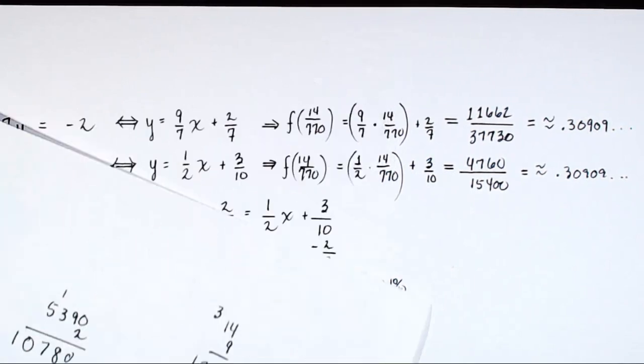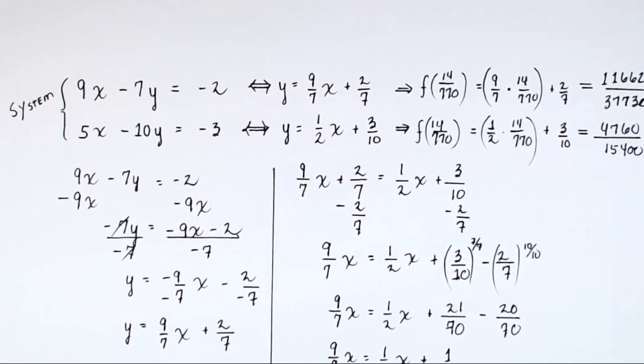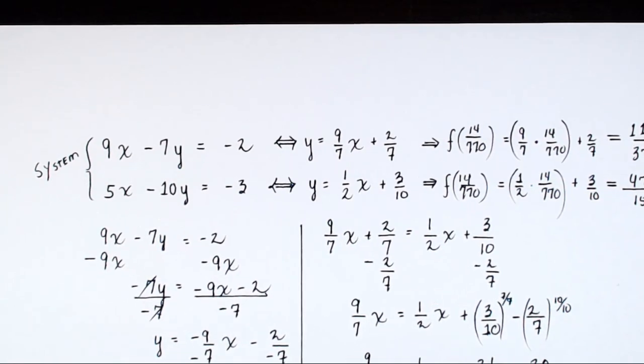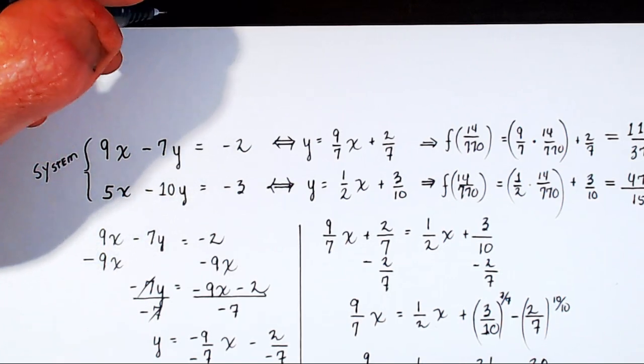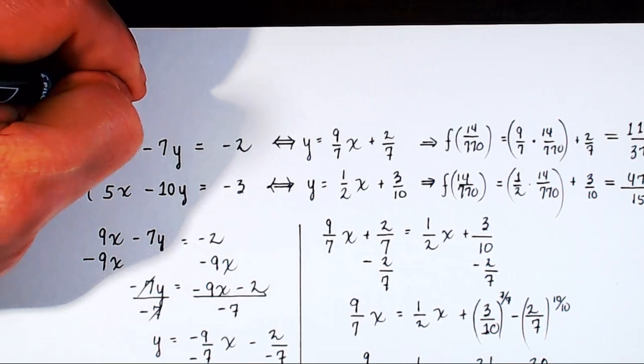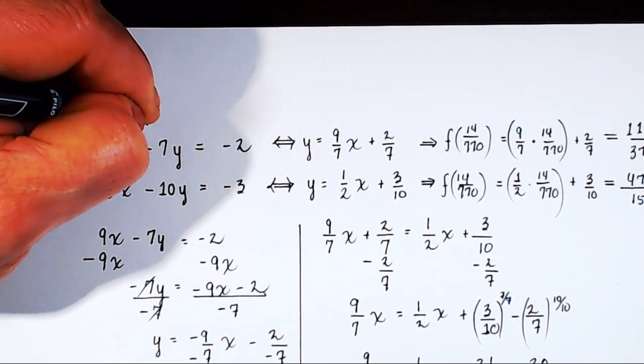Okay, so the solution to this system of equations, for our x value, we got 14 over 770.